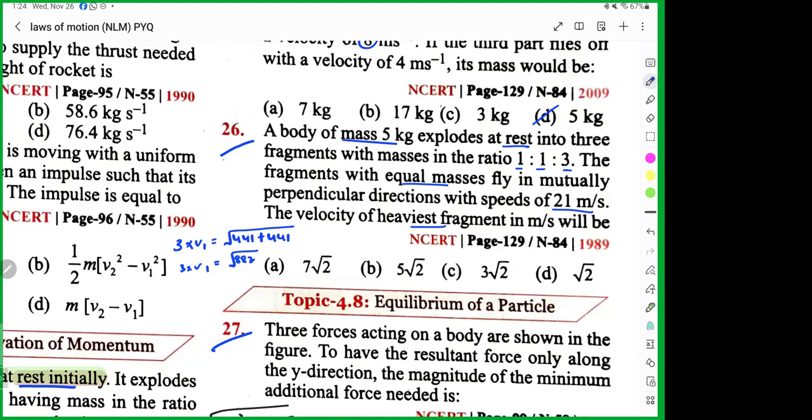So guys, what is 441? 21. 21 का square 441. So can we say it will be 21 under root 2? Yes sir. 882 is 21 under root 2. 3 7s are, so answer will be this. Done. 7 root 2.